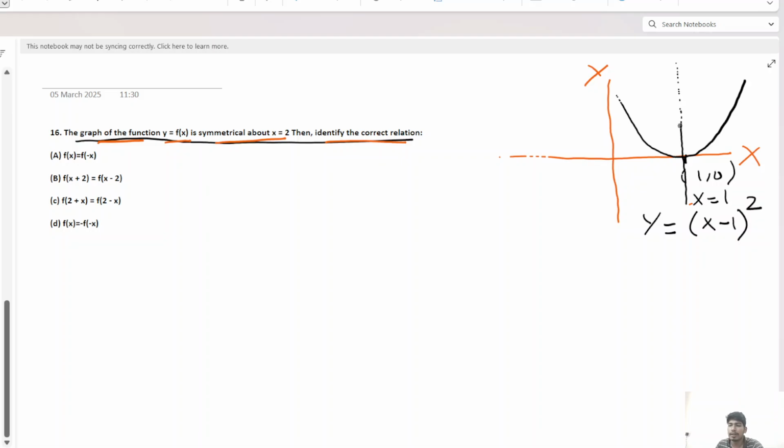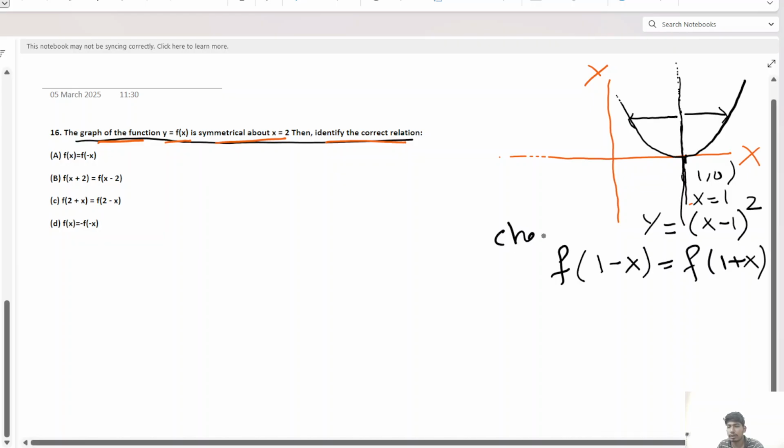Then f of 1 minus x is equal to f of 1 plus x. This function is symmetric about x is equal to 1. Let us check: we put the function to find f of 1 minus x.